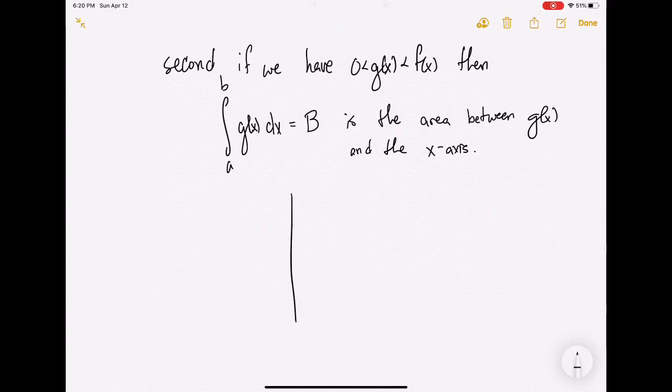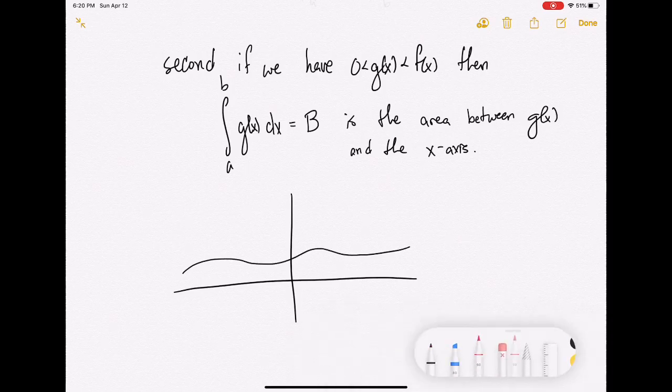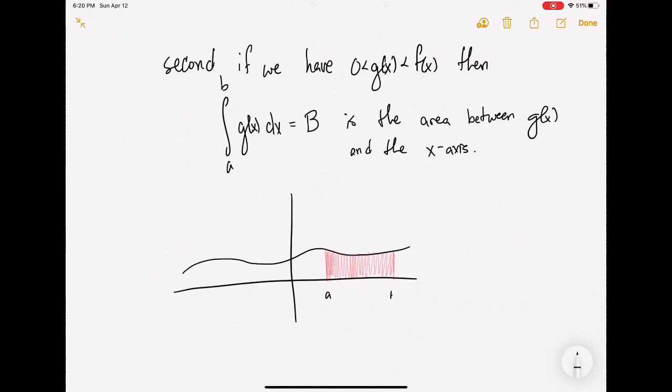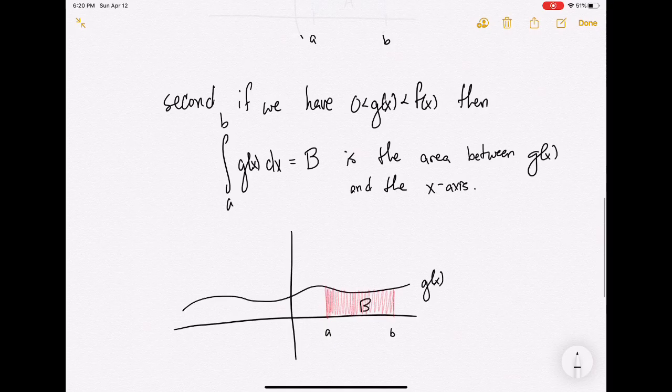For example, let's make g of x something like this. Still call that a, still call that b, and here's g of x. So this would be capital B.